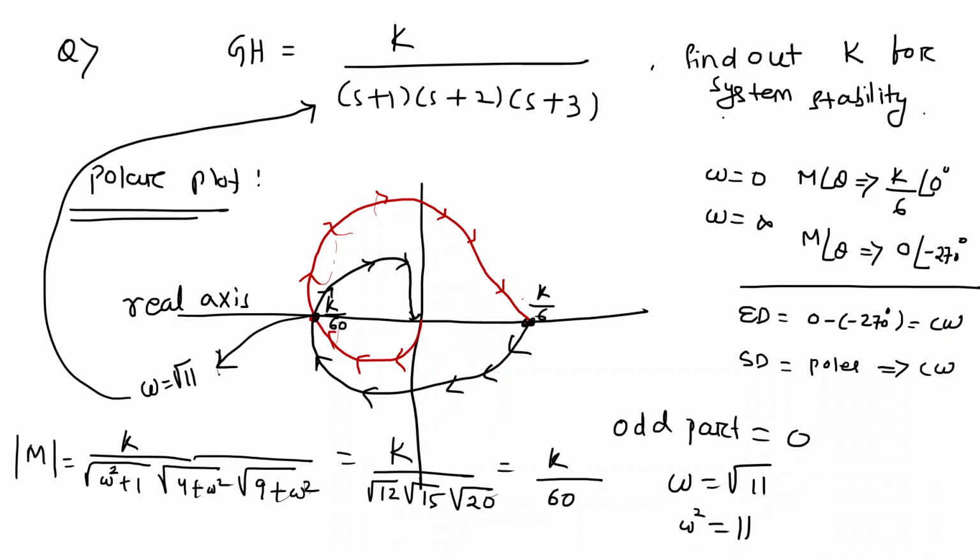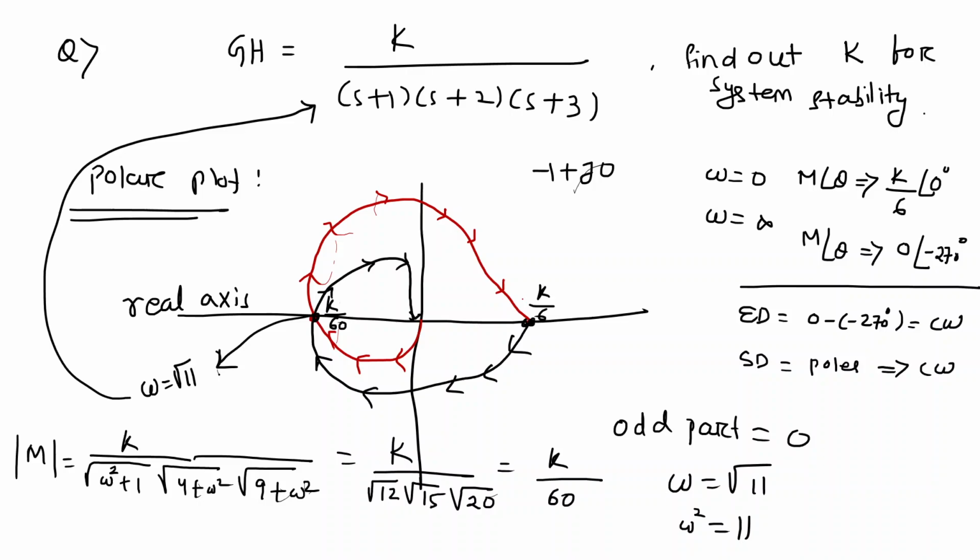Now he is asking us to find out the system stability. To find out the system stability, you have to see where the -1 plus J0 point is. Remember that the number of encirclements about the -1 plus J0 point equals the number of right hand side poles. It means if you want your system to be stable, then how many poles on the right hand side? 0, right?